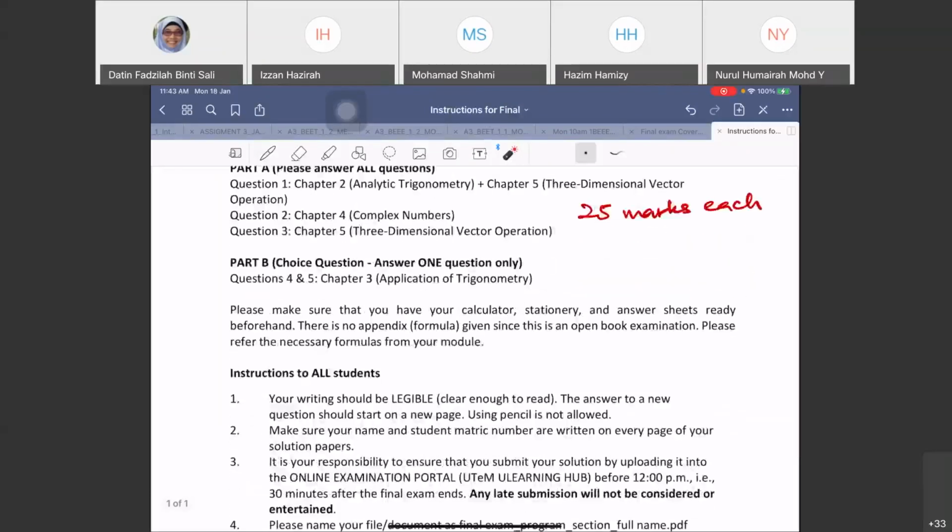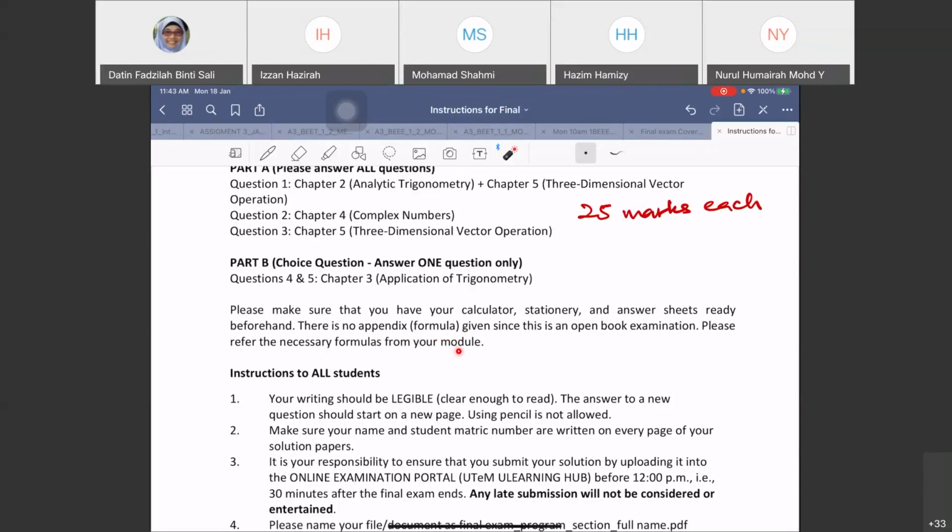Okay, so back to here, you can actually look at your textbook. It's open book, so that means you can open your book to find formulas. My suggestion is, remember last time there was an appendix to the previous final exam in your module, in your textbook.